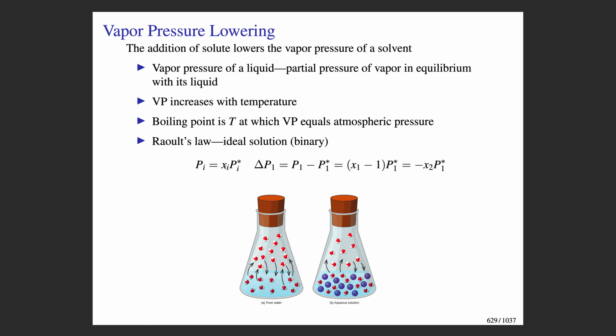And what we find is that the vapor pressure of the water in the solution is lower than the vapor pressure of the pure liquid at the same temperature. Raoult's law tells us how to calculate the vapor pressure in solution from the pure component's vapor pressure by using the mole fraction as a multiplicative factor.